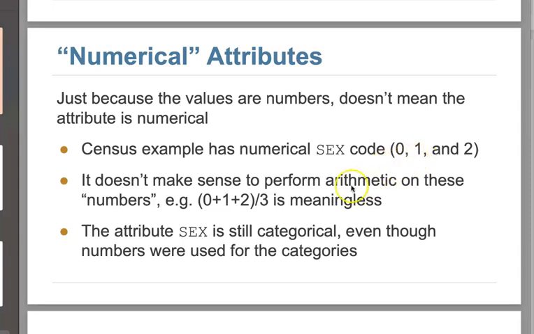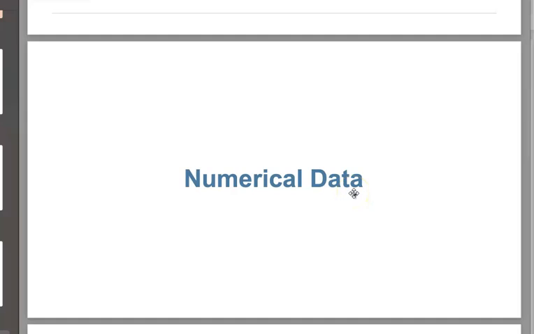For example, 0 plus 1 plus 2 divided by 3 is meaningless, because here the 0 actually means the total for the two categories. So the attribute for sex is still categorical, even though numbers were used for the values. That's easier for us to process, but the column itself is a categorical attribute.